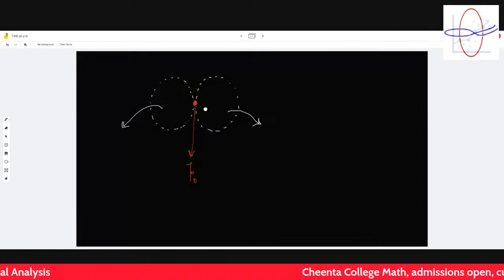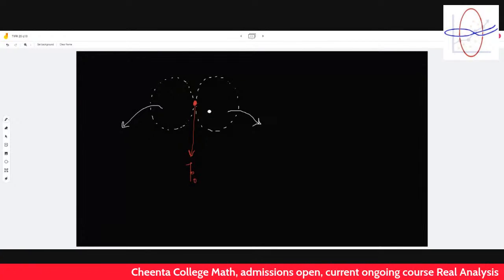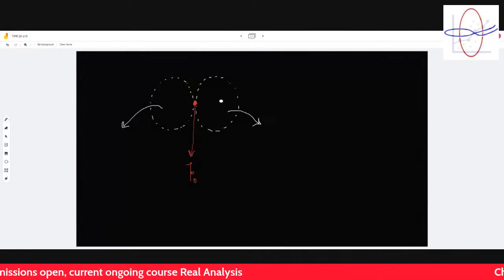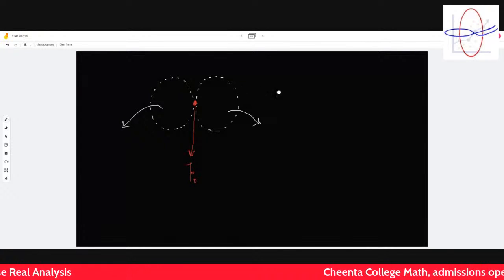But since the only thing they had in common was a point in their common boundary, and the moment you take the interior those points get removed, you have a disconnected set.